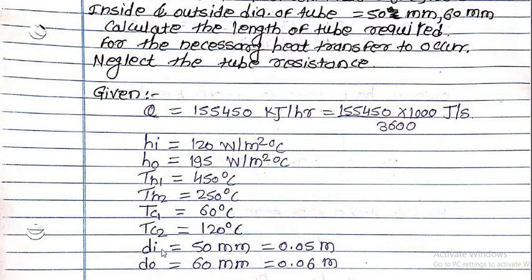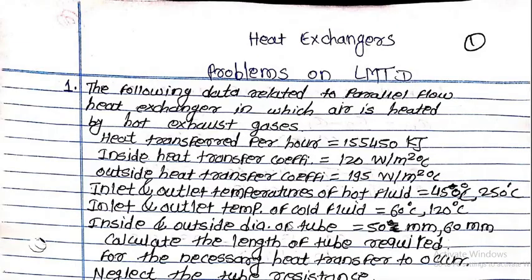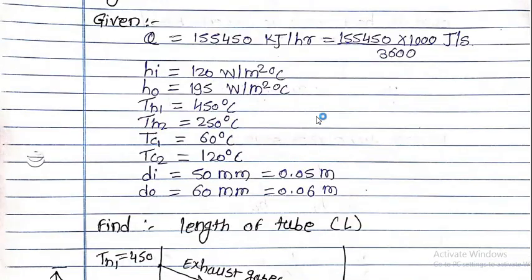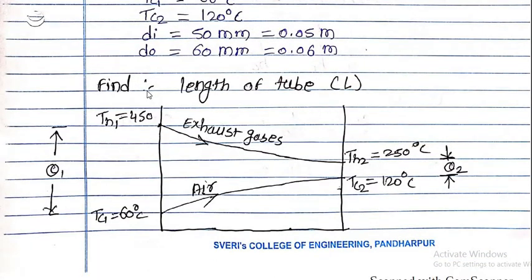Then the inside diameter of the tube is 50 mm, that is 0.05 meter, and the outside tube diameter is 60 mm, that is 0.06 meter. Now here the heat exchanger type is provided in the statement, that is a parallel flow heat exchanger. Okay, so we have to consider the parallel flow heat exchanger only. Now here we have to find out the length of the tube. So then for the solution we need to start with the parallel flow arrangement.